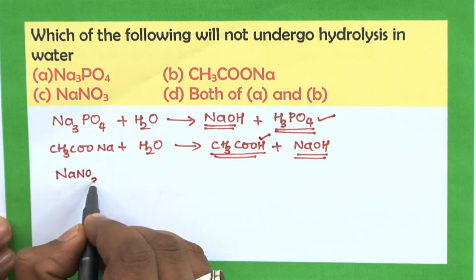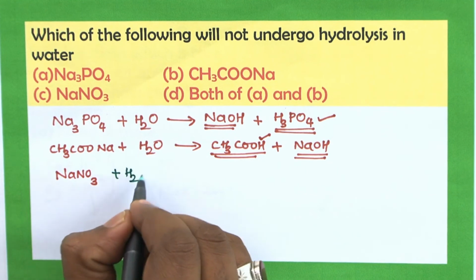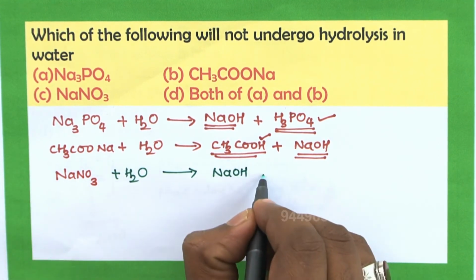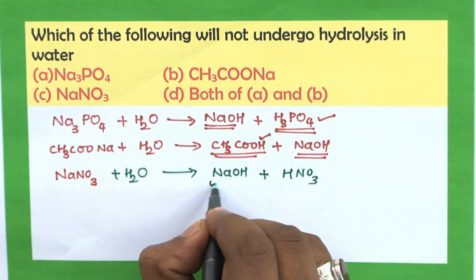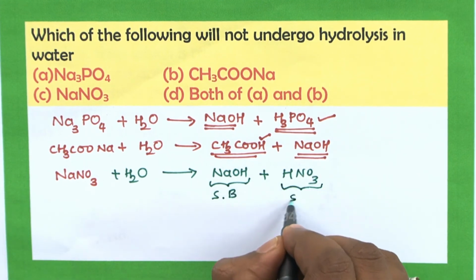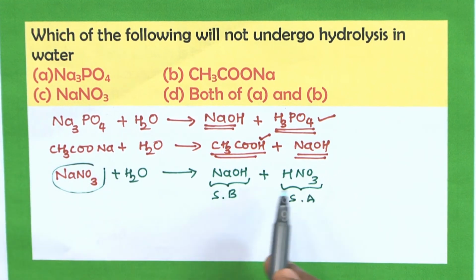NaNO3. When you treat NaNO3 with water, Na reacts with OH minus to form NaOH, and H plus reacts with NO3 minus to form HNO3. So NaOH is a strong base, HNO3 is a strong acid. So this salt is formed by the combination of a strong acid and a strong base.